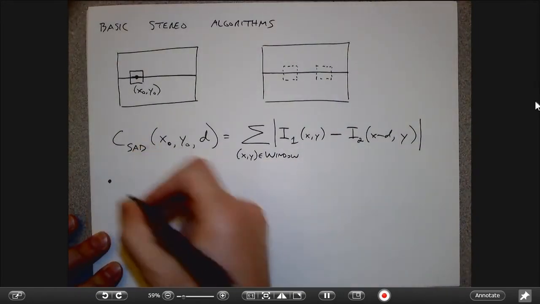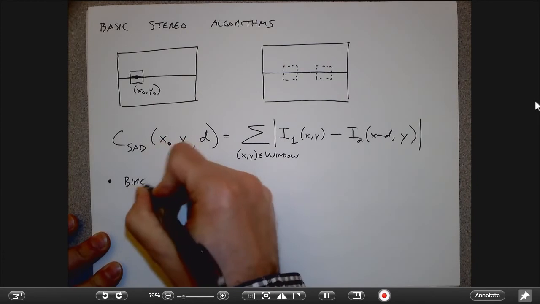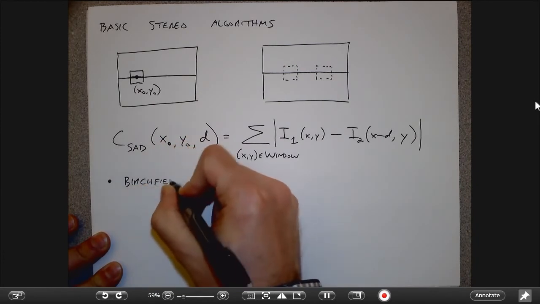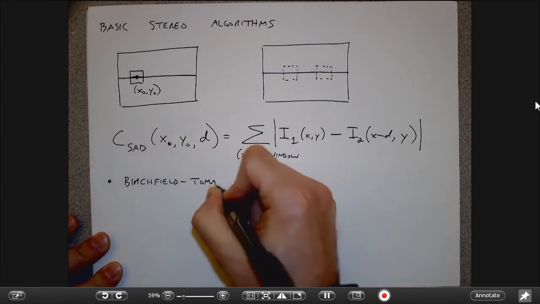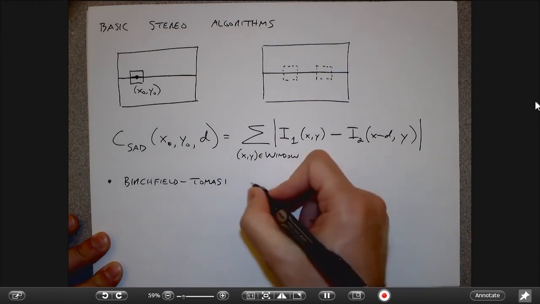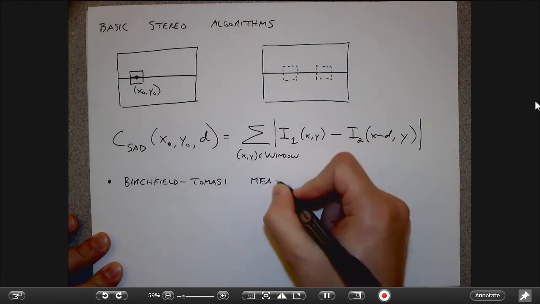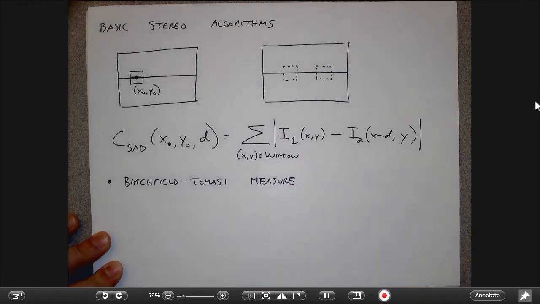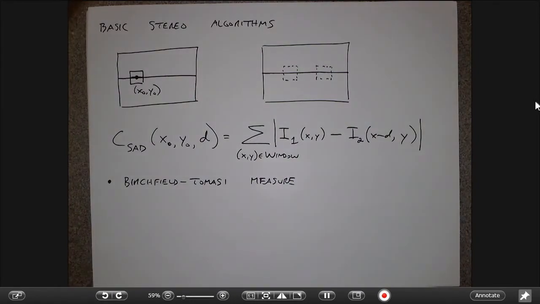Another more complicated method, which I think I asked you to look at in the homework, is called the Birchfield-Tomasi measure. Instead of only allowing myself to slide the window along in units of pixels, the Birchfield-Tomasi measure says, suppose my disparity was measured in units of pixels.